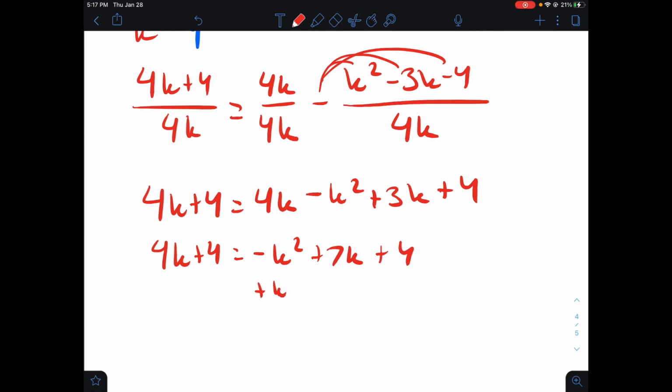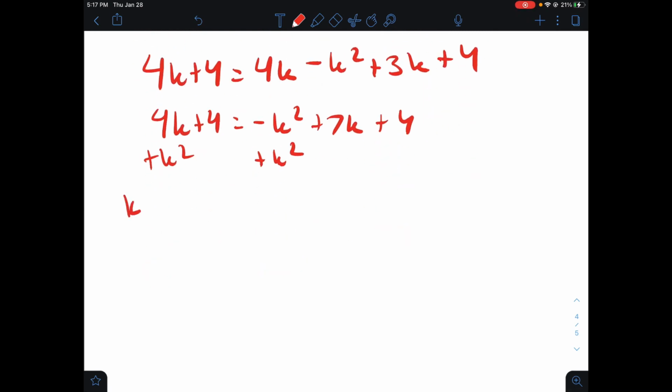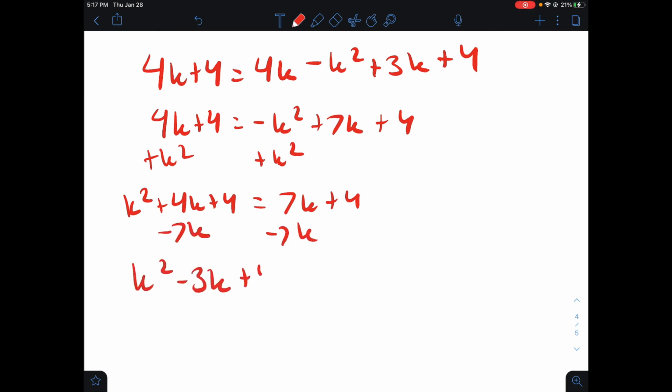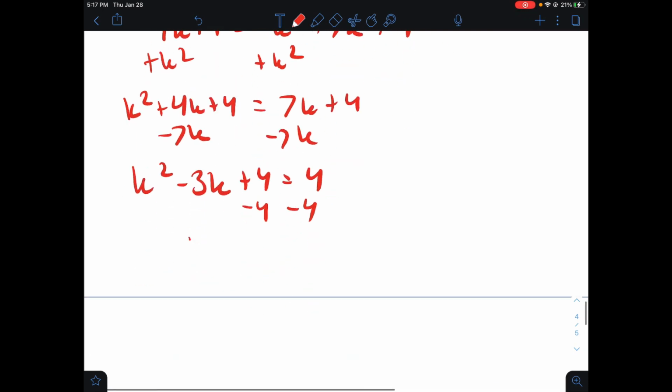So we'll do plus k squared on both sides. I get k squared plus 4k plus 4 equals 7k plus 4. Then we can bring the 7k over. We get k squared minus 3k plus 4 equals 4. Bring the 4 over, and we get k squared minus 3k equals 0.